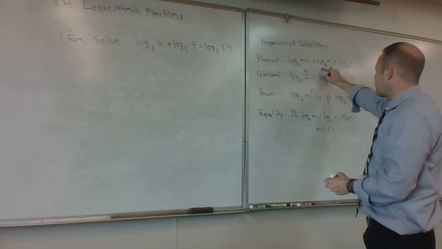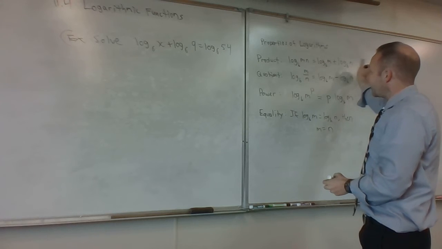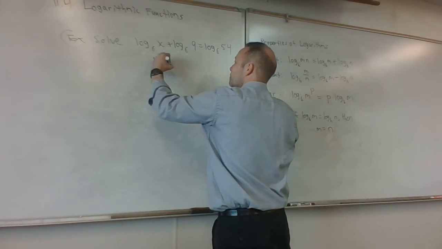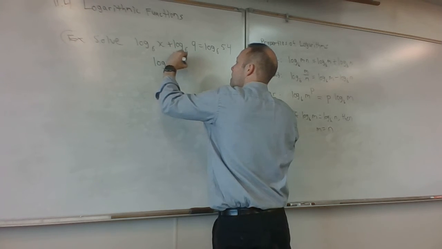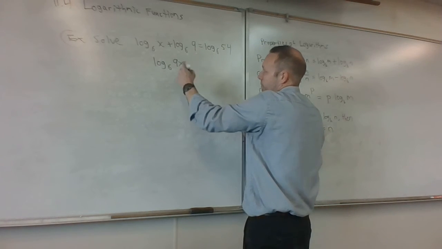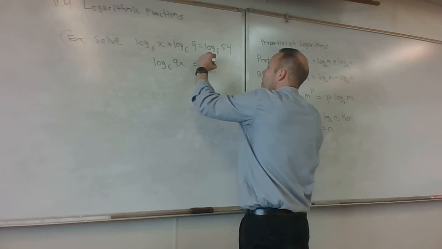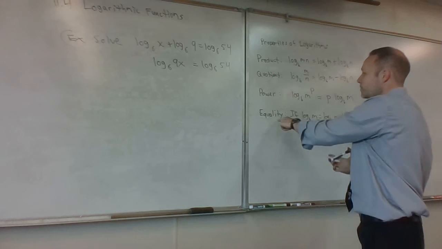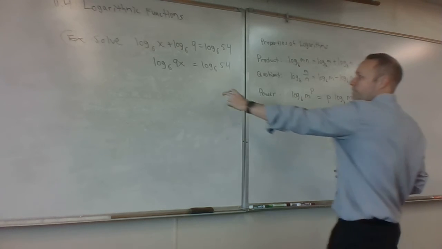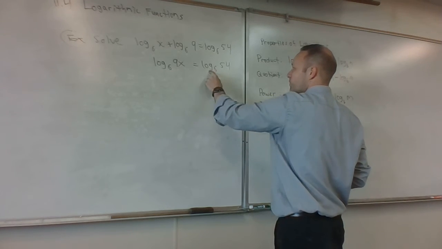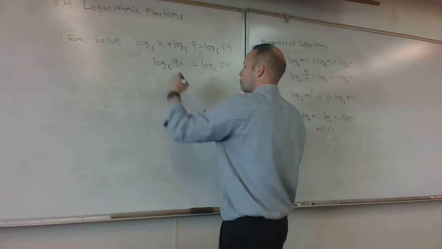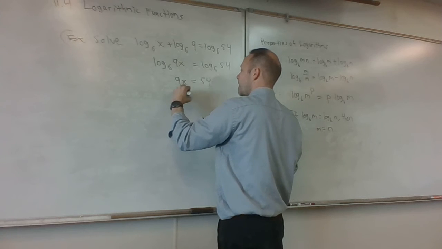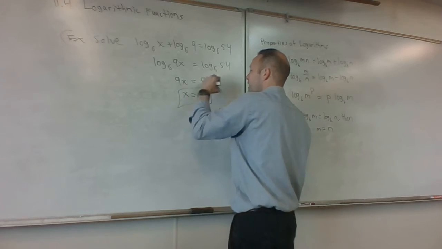I have log base 6 of something plus log base 6 of something, I can rewrite that as log base 6 of 9x, or x times 9, equals log base 6 of 54. Now I can use the equality property. I have the same base, log base 6 equals log base 6, so I can rewrite this as 9x equals 54. Divide both sides by 9, I get x equals 6. That's my answer.